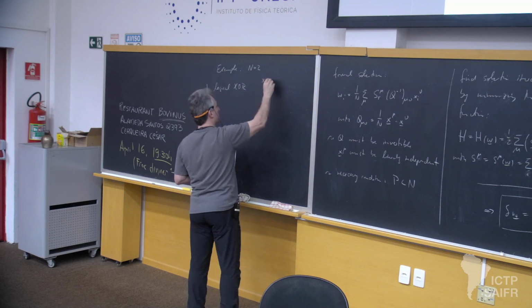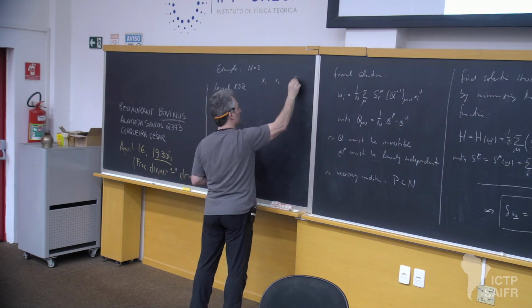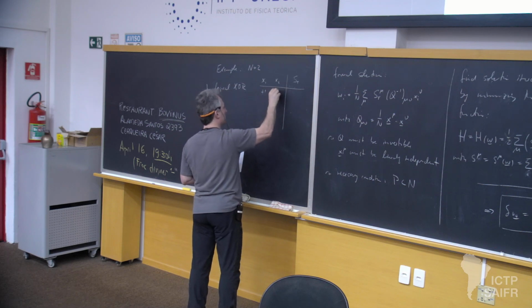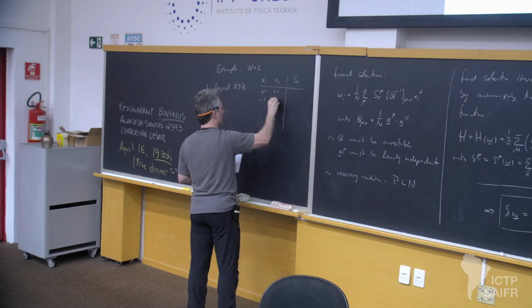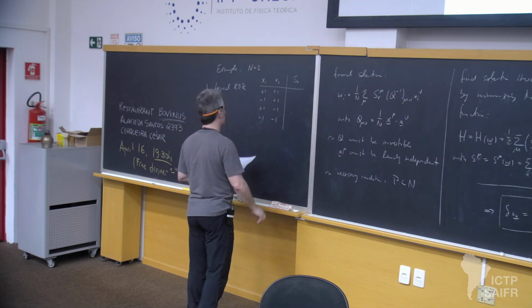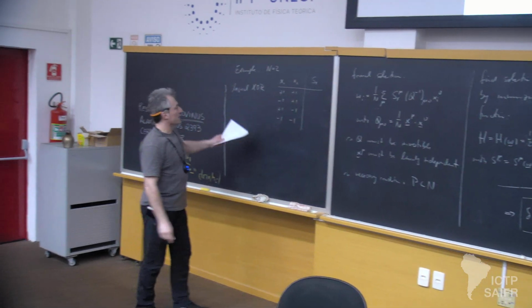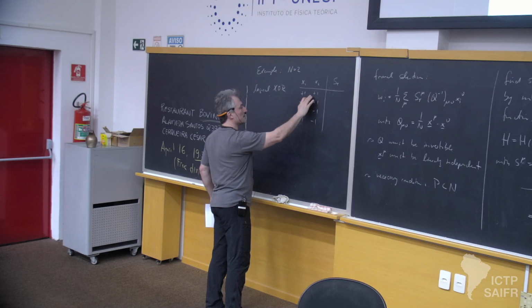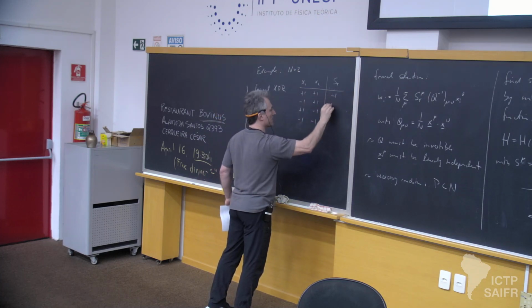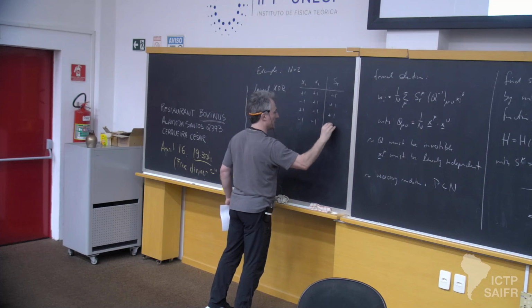So it's again x1, x2, and the ST with +1, +1, -1, +1, +1, -1, -1, -1. So it's the OR function, but it excludes the case when both of them are +1. So this is -1, this is +1, this is +1, and this is -1.